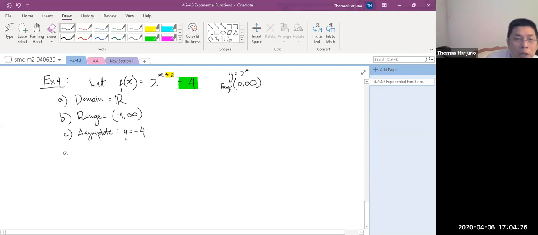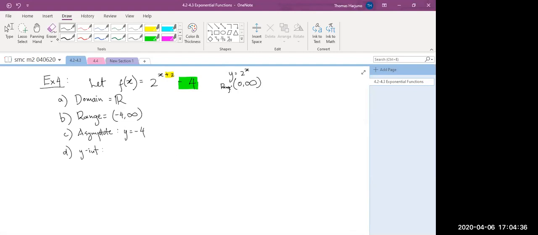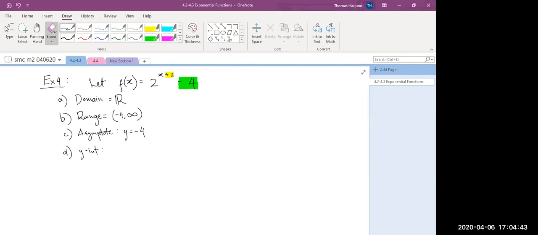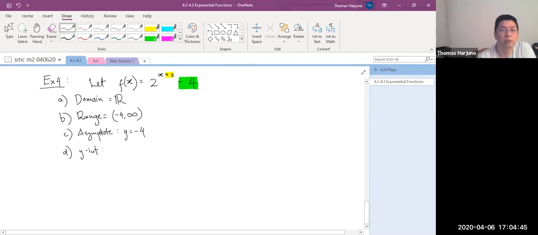How about the y-intercept? Negative 2. Are you sure? Negative 2, negative 3. Is it? Well, let's see.